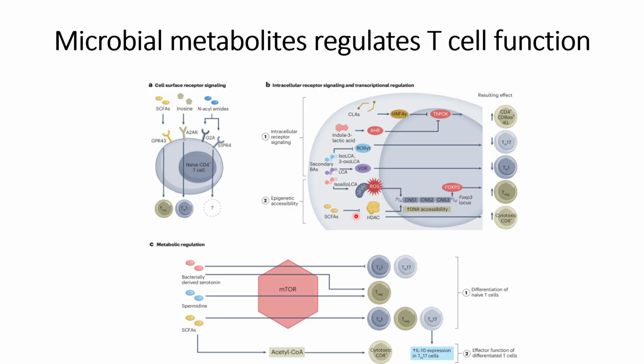And short chain fatty acid interacts with HDAC to form high CD8 plus cytotoxic cells. So when they interact with these CD8 plus cells, it will make the cells more cytotoxic in nature. That is SCFA, short chain fatty acid, interacting with HDAC.